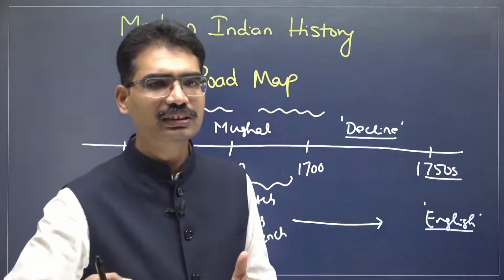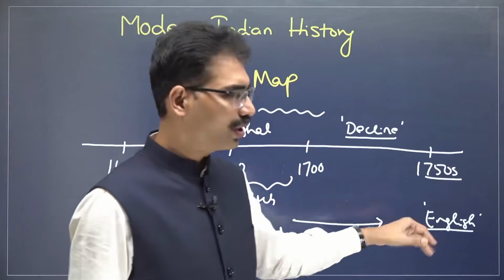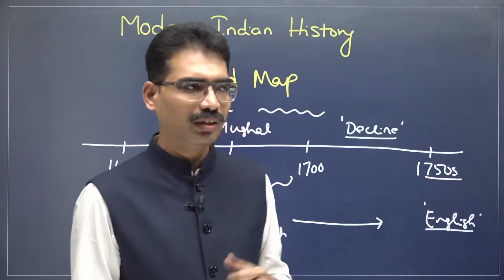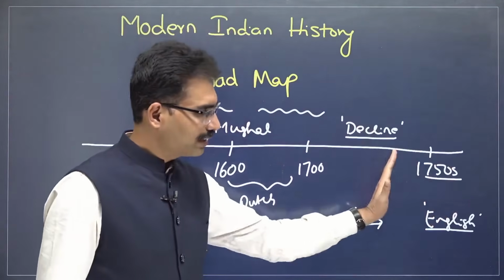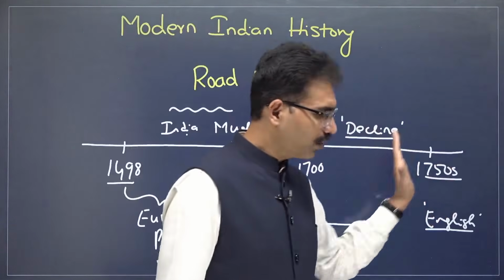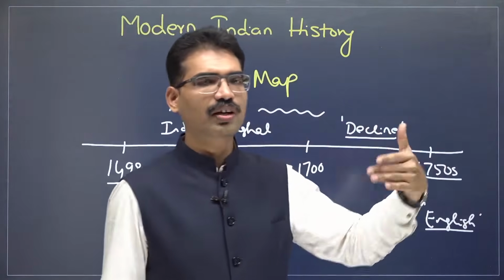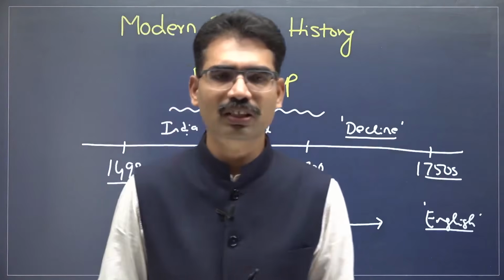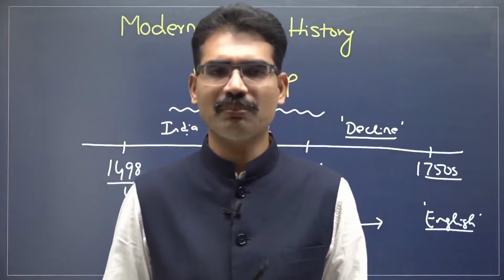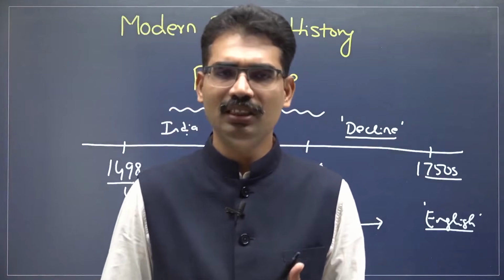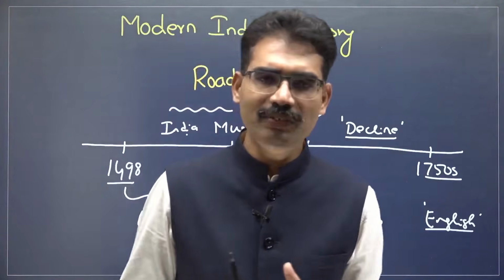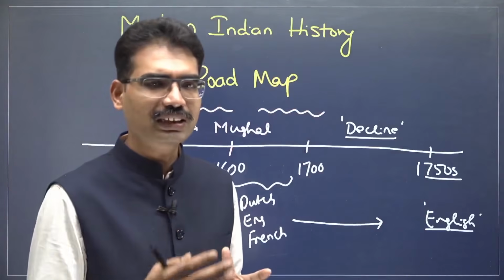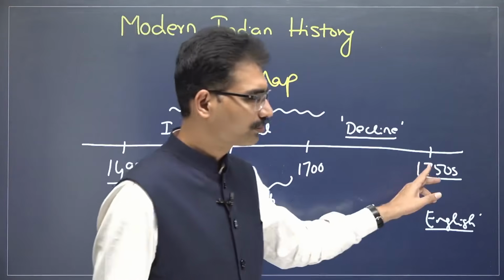Gradually, they expanded their power to other regions as well. From here onwards, they conquered one after the other: Bengal, the Carnatic region, Mysore, the Maratha region, Punjab, small kingdoms, everything they were going to directly or indirectly control.